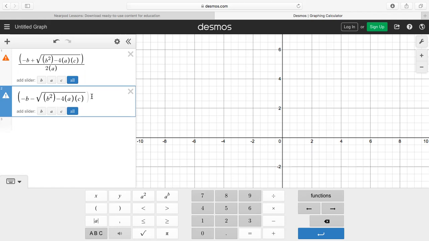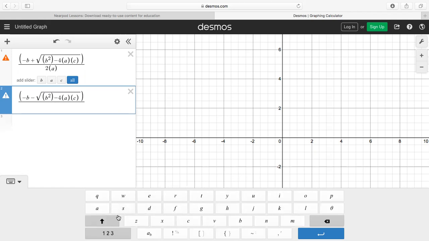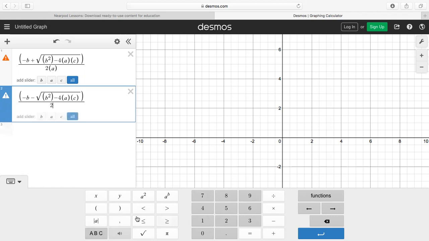And then if you press outside of this big parenthesis, all the way to the right, divide it by 2 times 2a. I like putting everything in parentheses.